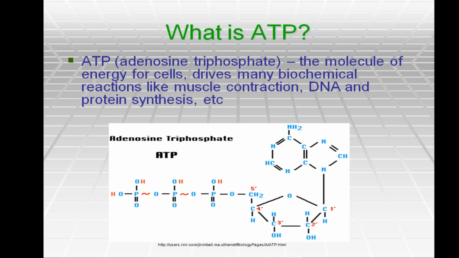And we also see its structure. It contains 3 phosphoric acid groups and has 2 high energy bonds. And we know when 1 high energy bond is broken down, it produces at least more than 7 kilocalories of energy in ATP.